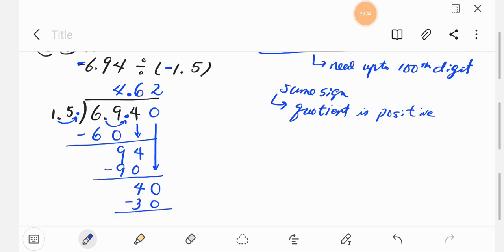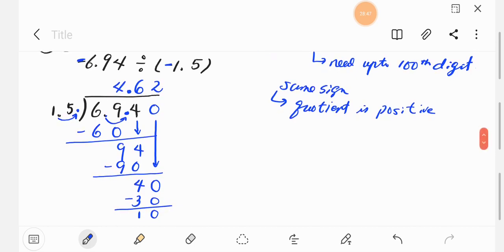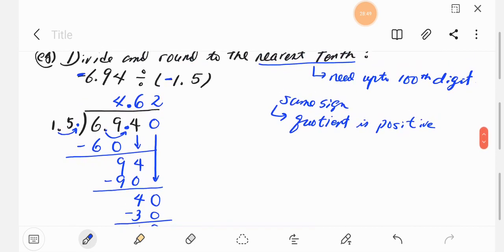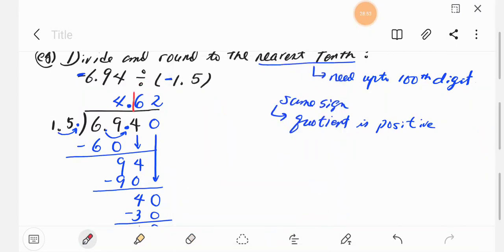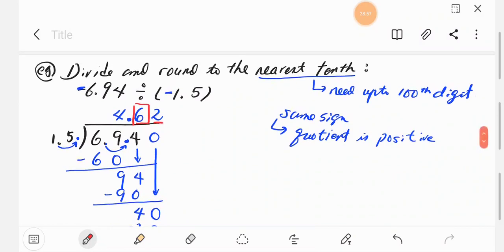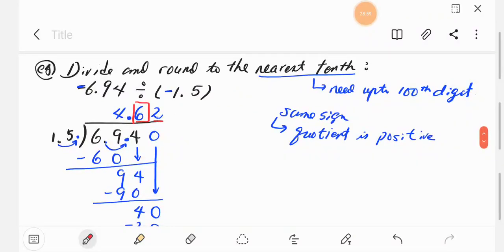The minus is 10. So that's enough, because since we want to round to the nearest tenth, this is the tenth, right? So we go up to the 100th. And since 2 is less than 5, the result is 4.6, right? The sign is positive, and the result is 4.6.